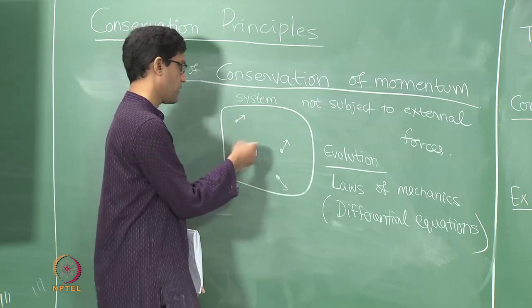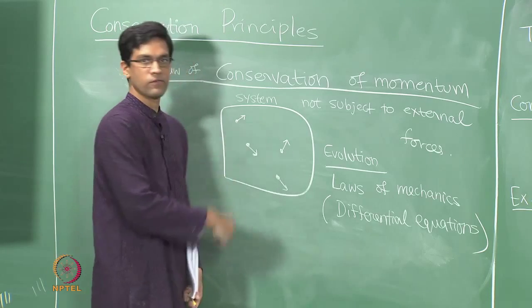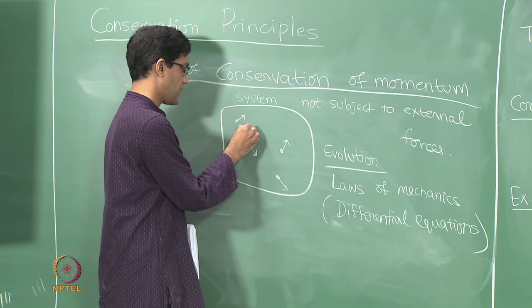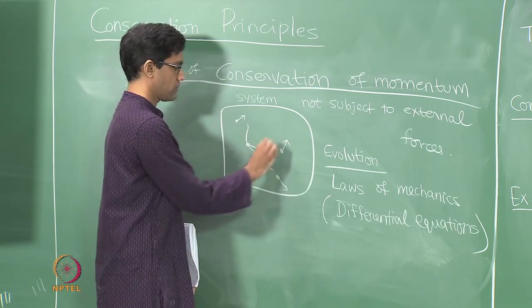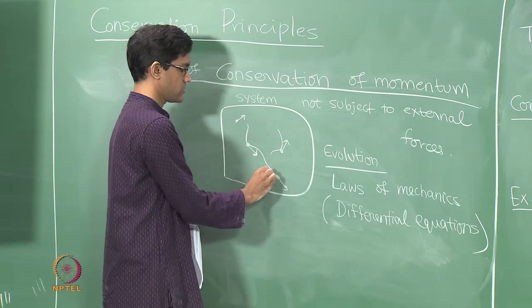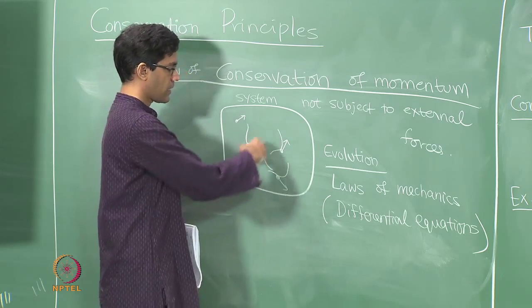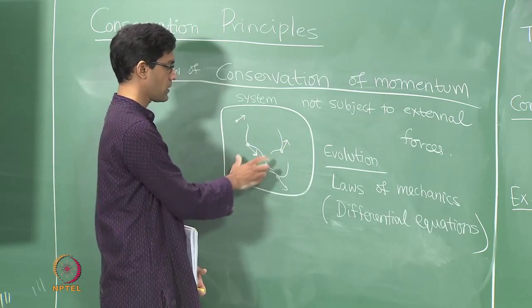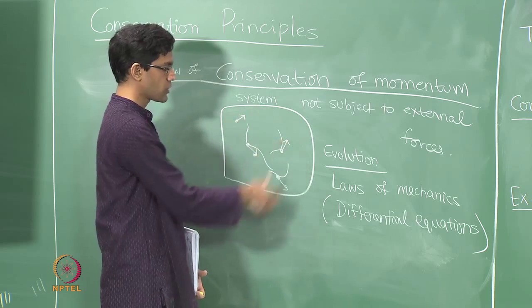They will be given by, say, the derivative of the momentum is the force and so on. So there are rules which tell you what trajectories these particles take, and rules for how they interact. These differential equations govern the evolution of the system.